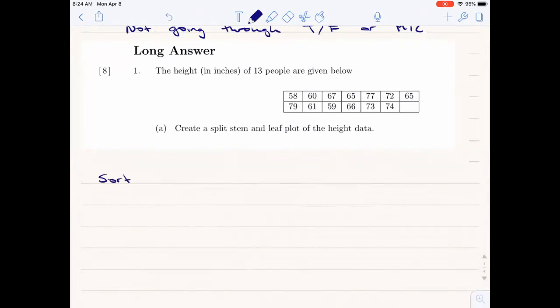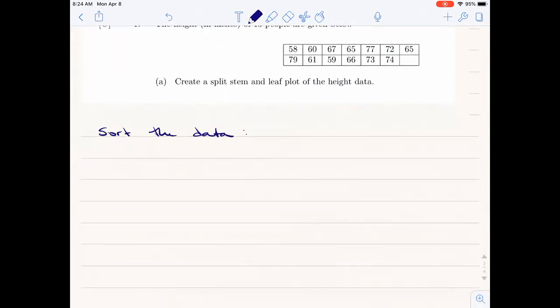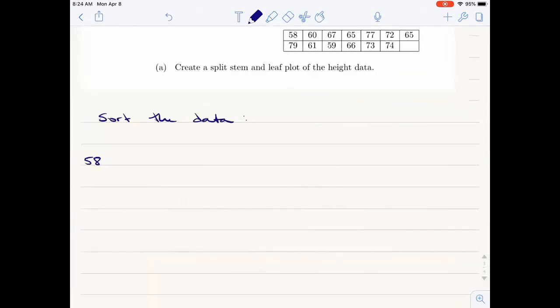Just go through and sort the data. And I've got it pre-assembled here. So we've got 58, but it's a good idea as you list the numbers, right, just to check it off or something, make sure that you don't have any duplicates or that you're missing one, and then finally when you're done, make sure you have the same number of data points, right?